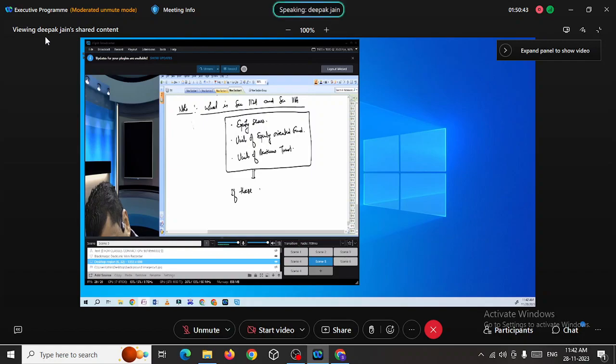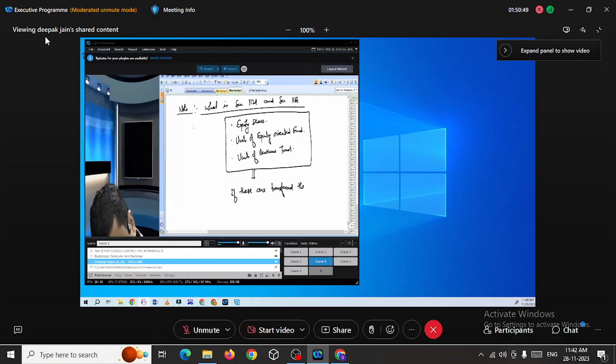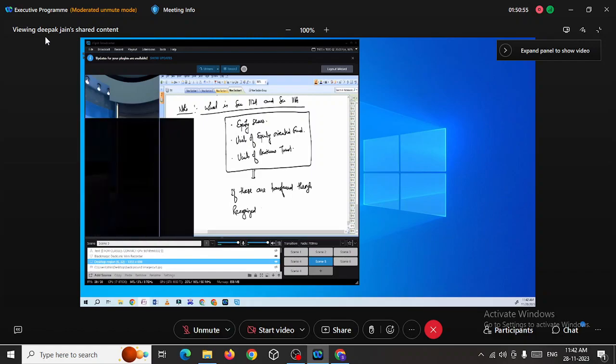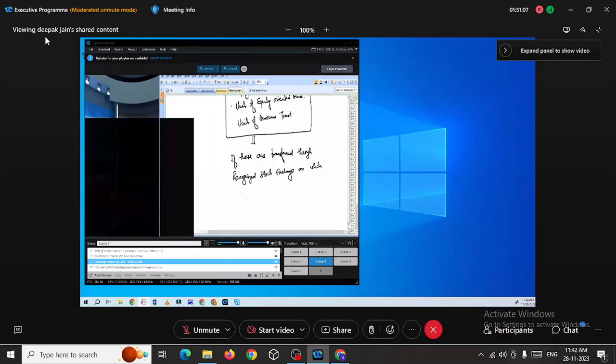If these are transferred through recognized stock exchange on which STT, security transaction tax, has been paid.